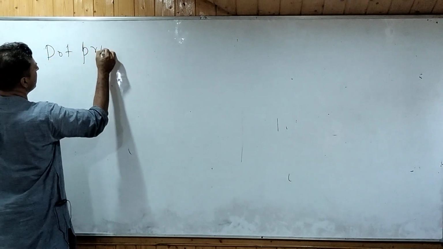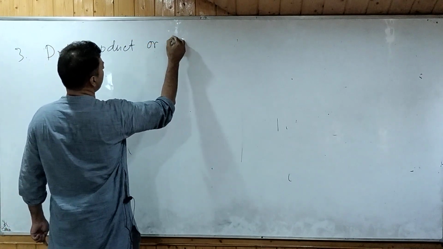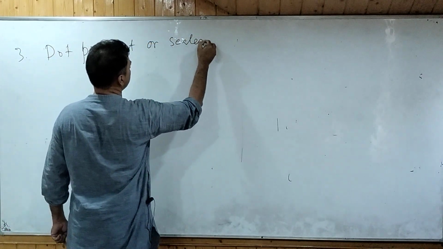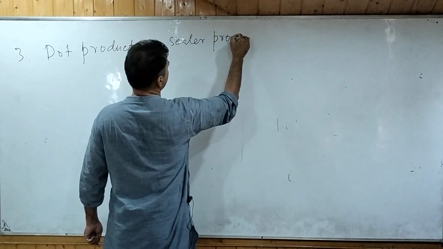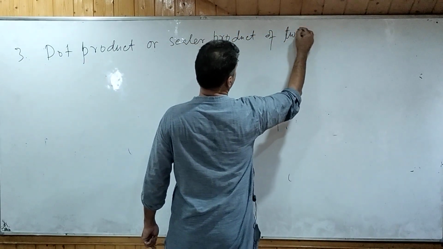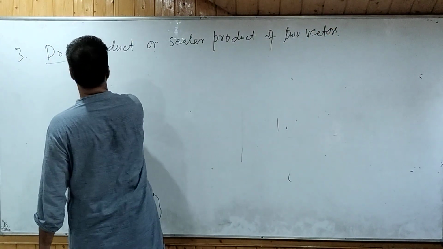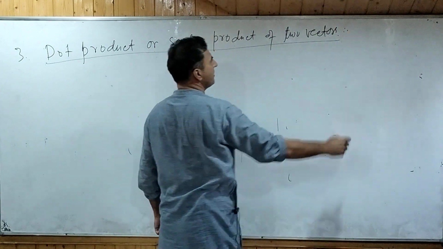Dot product, also called scalar product. Product of two vectors. So how will you deal with this?